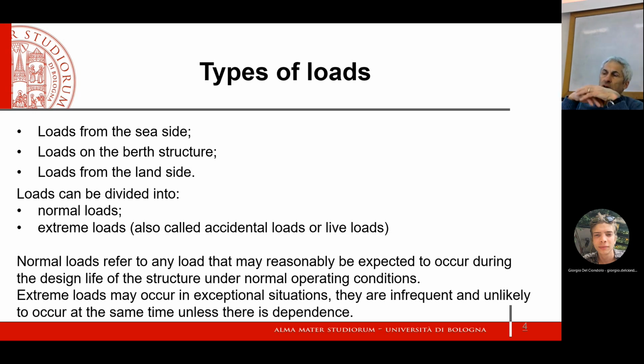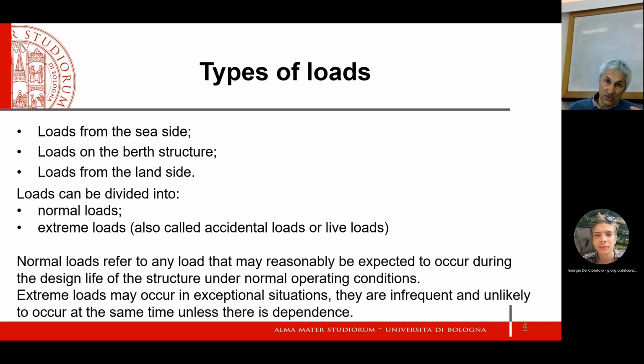Normal loads refer to the day-to-day use of the berth, like the self-weight or the loads that can be caused by very frequent forcings. And extreme loads instead occur exceptionally, in exceptional situations. They are infrequent and can be of different types.